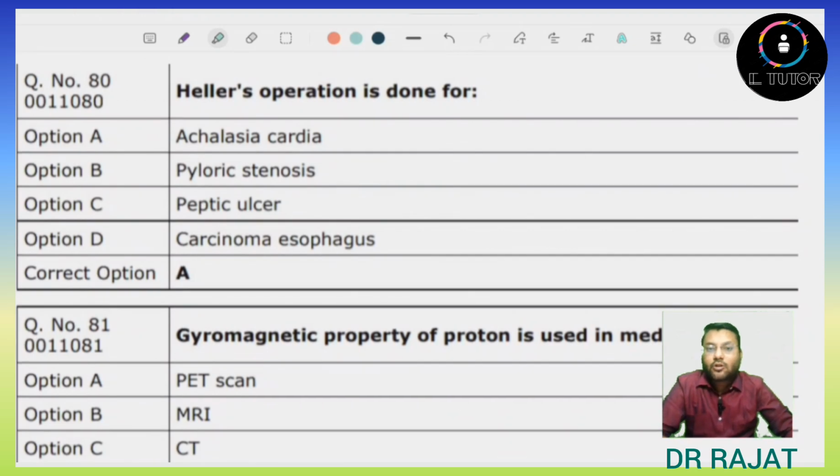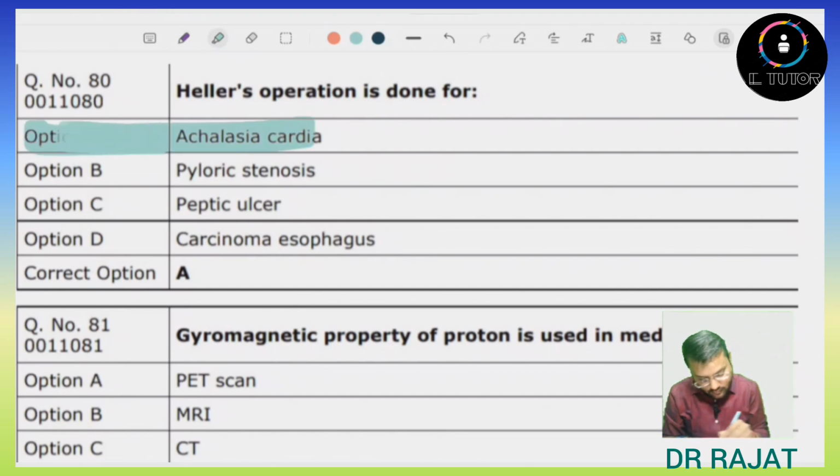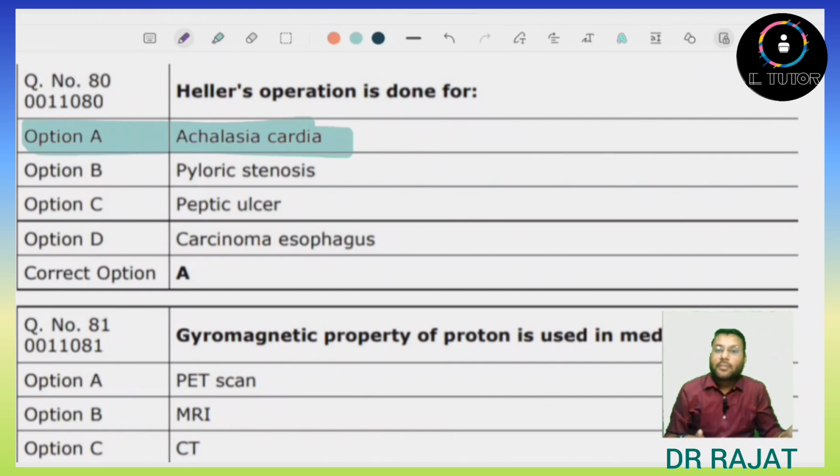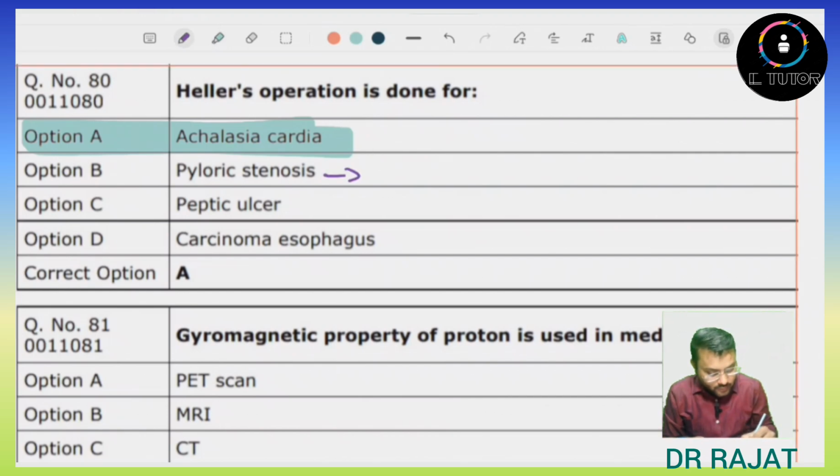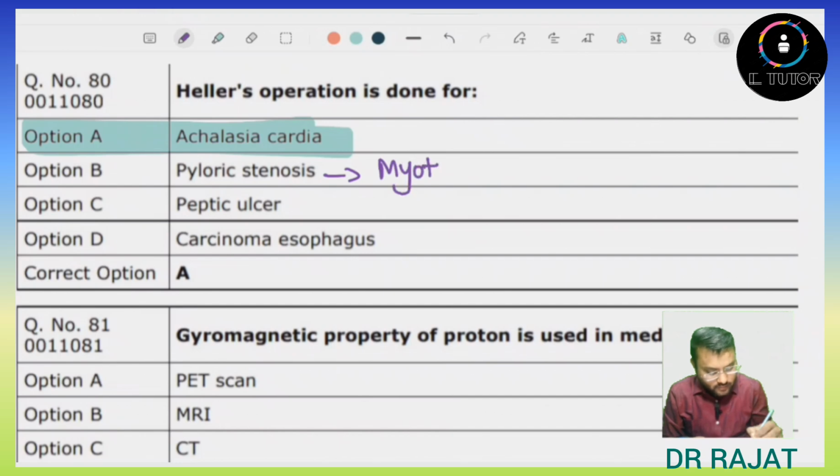Next question is, Heller's operation is done for. So this is a direct question. Heller's operation is done for achalasia cardia. If we talk about pyloric stenosis, then we will do myotomy.